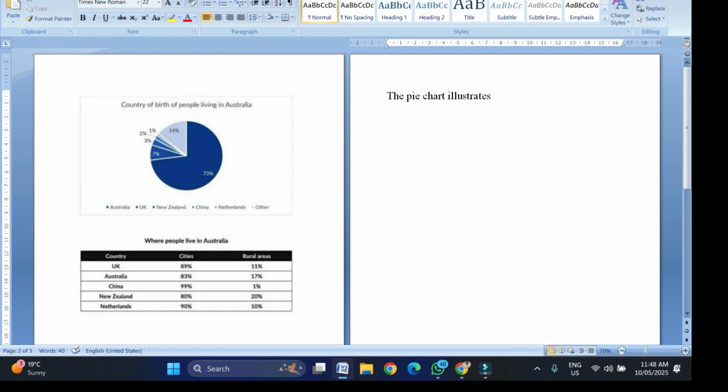Illustrates means shows. You can use depicts, reveals. Here we are talking about a singular pie chart. That is why I'm using s or es after the verb.